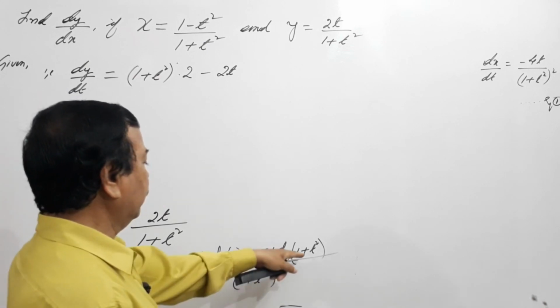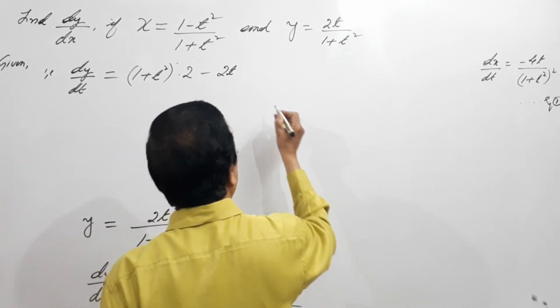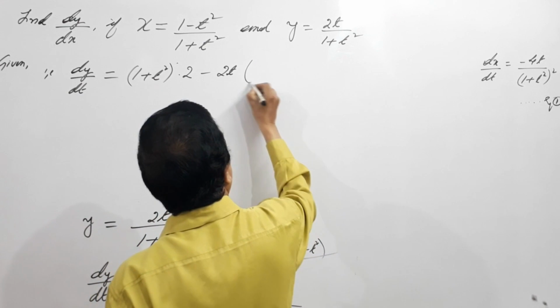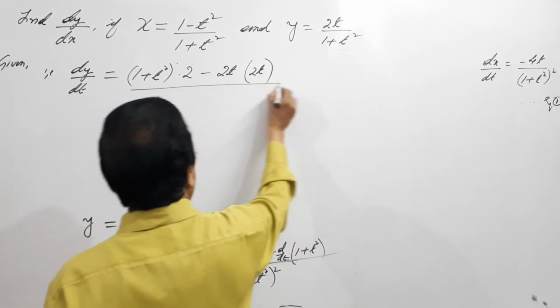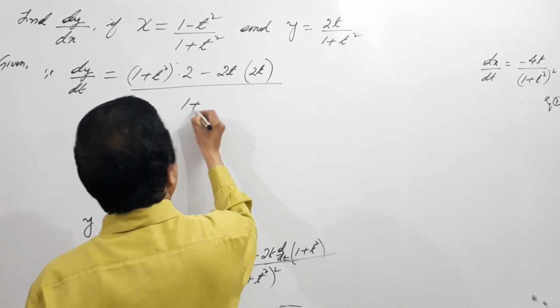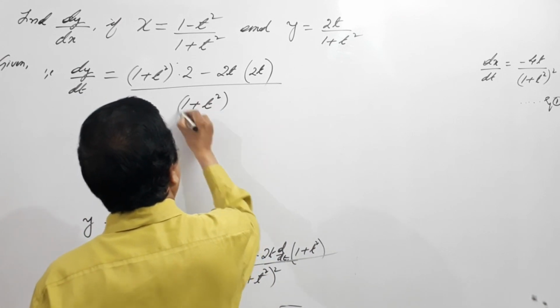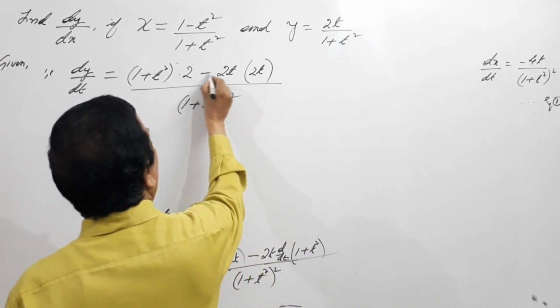So 2t into this will become again 2t divided by 1 plus t square the whole square.